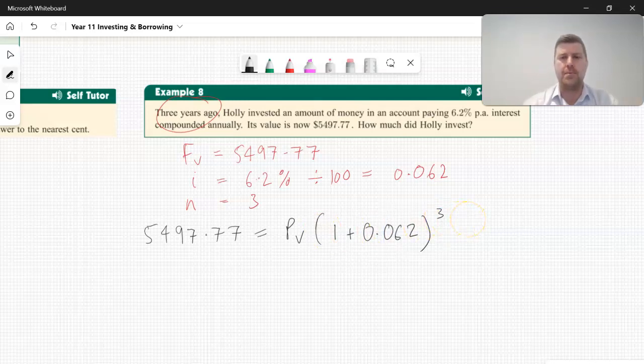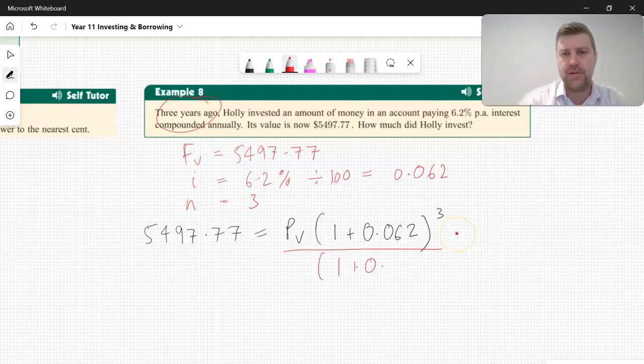Basically, what's happening between this variable, PV, and the rest here is multiplication. So I'm going to divide this whole side by 1 plus 0.062 to the power of 3. If I do that, I'm removing it completely from the right-hand side and making PV the subject, which is what I want.